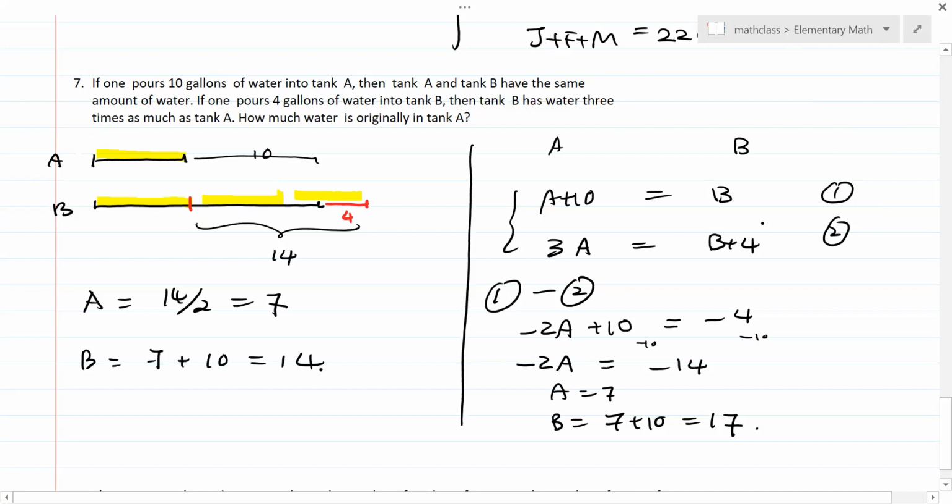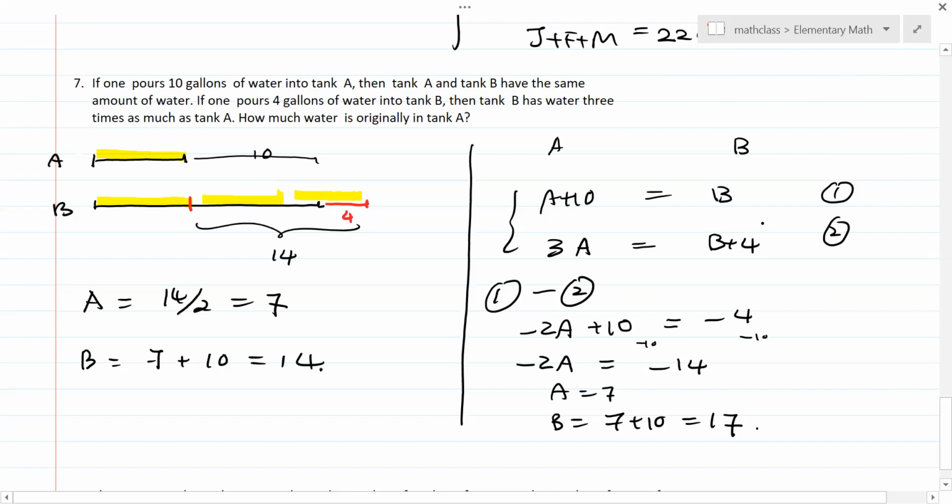Okay, so let me repeat again. You draw a short line for A, a longer line for B, then you add a 10 to A, then they have the same length. Then you add the 4 to B, right? Then this time you compare with the original line A. That should be 3 times the line A. So you draw 3 sections.